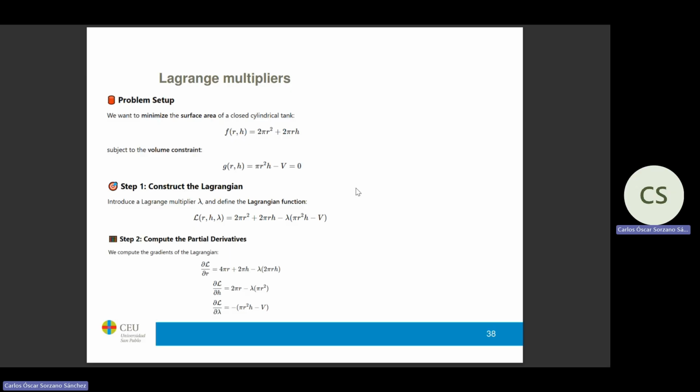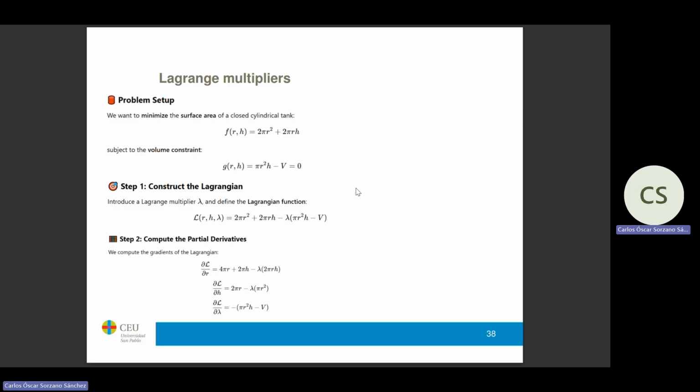This constraint is an inequality constraint. So we will construct something that is called the Lagrangian of this problem. Have you seen the Lagrangian before? Yeah. Okay. So we construct the Lagrangian: this is the function minus lambda times this part of the constraint.